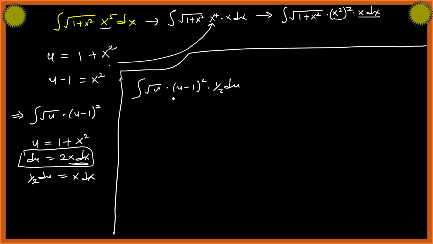All right, so I think we have everything in terms of u, so we can now go ahead and simplify. We have integral of u. Now let's expand this. So we have u squared minus 2u plus 1.